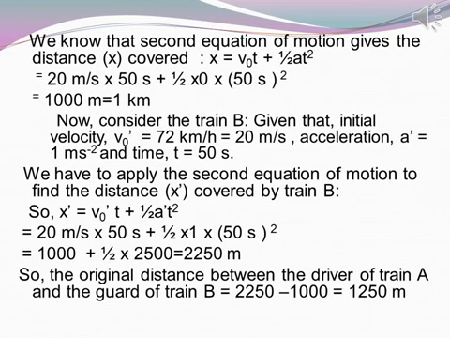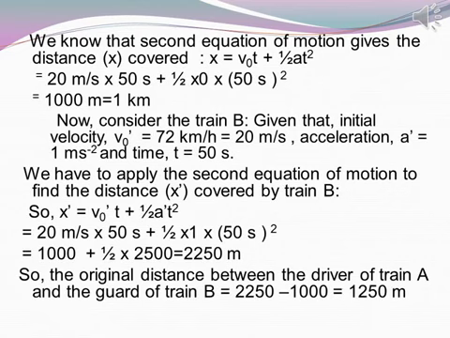We have to apply the second equation of motion to find the distance x dash covered by the train B. So, x dash is equal to v0 dash t plus 1 by 2 a dash t square, which is equal to 20 meter per second into 50 seconds plus 1 by 2 into 1 into 50 seconds all square, which is equal to 2250 meter.